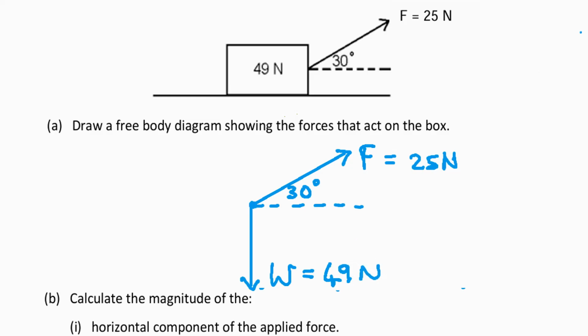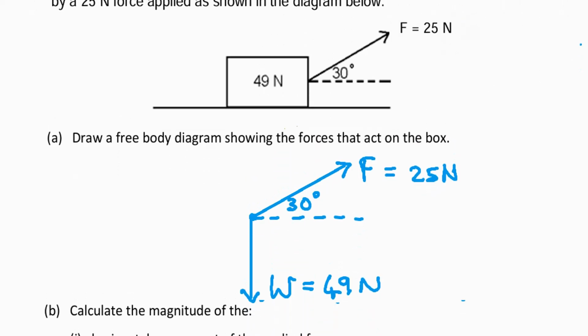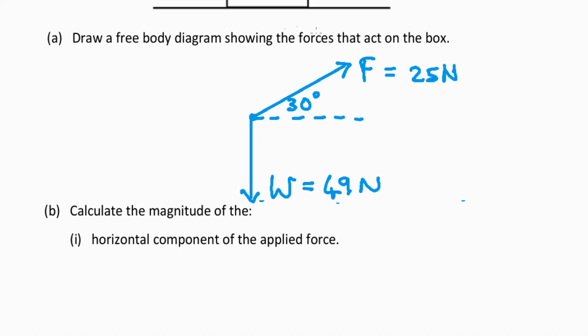We're also told that it's a rough surface or floor, and that means we have friction. The frictional force will always oppose motion, so it's going to be to the left. So we can use small f for friction. Now, there's one more force acting on the box.